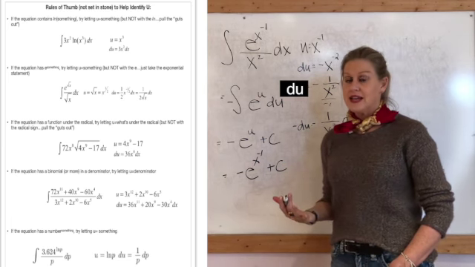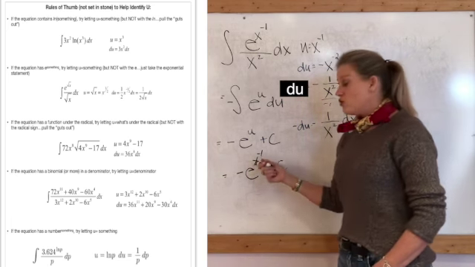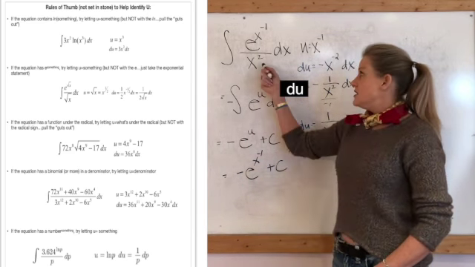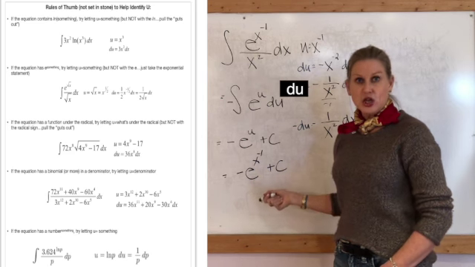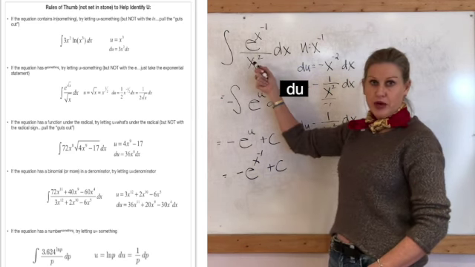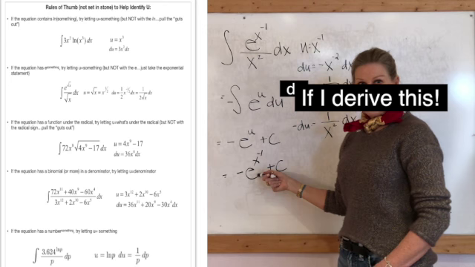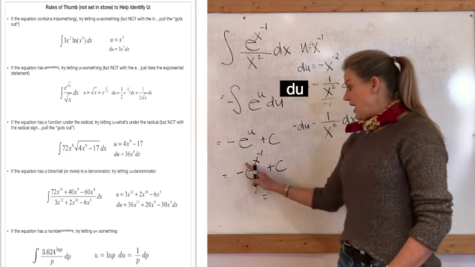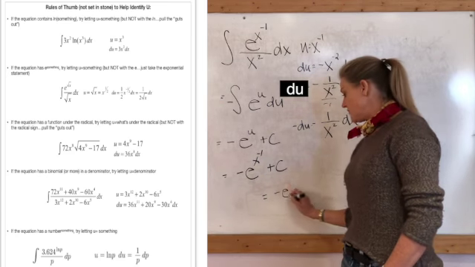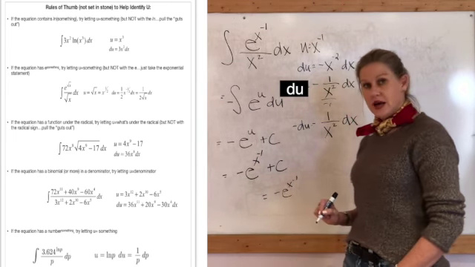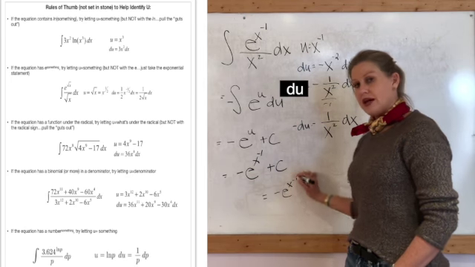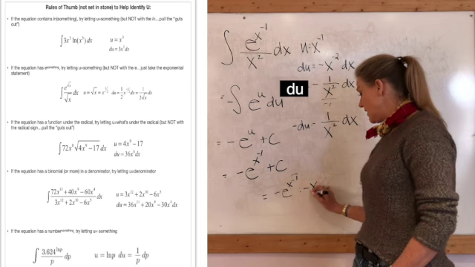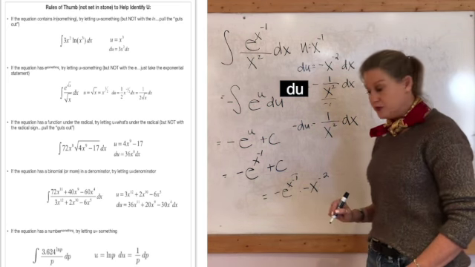And then, like I said in the other videos in this series, you can derive this, you can find the derivative of your answer to see if this is the correct antiderivative of that problem. So if I derive this, it's a chain rule. I have an e to the blah, so the first thing I have to do is recopy e to the blah, and then I multiply it by the derivative of the blah. Well, the derivative of x to the negative 1 is negative x to the negative 2.